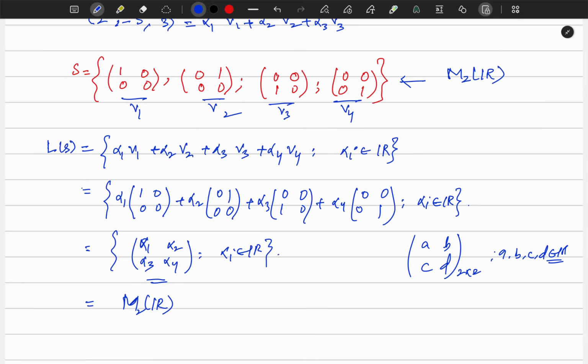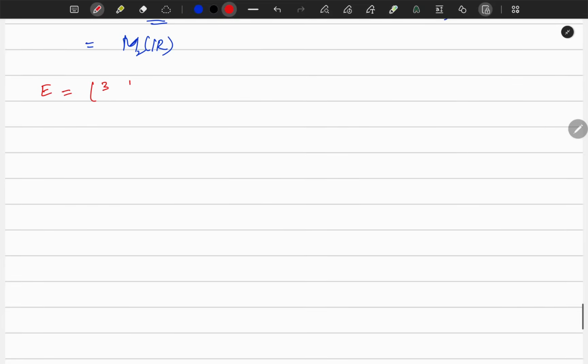Sometimes they may ask you like this. For example, you are given a vector E equal to 3, 1, 1, minus 1, and they will ask you that you have three vectors: v1 is equal to 1 1 1 0, v2 is equal to 0 0 1 1, v3 is equal to 0 2 0 minus 1.